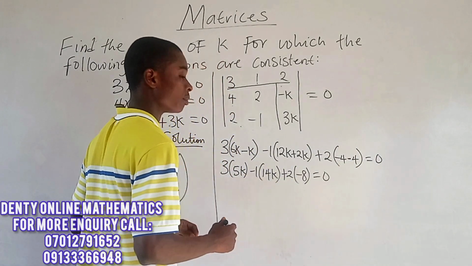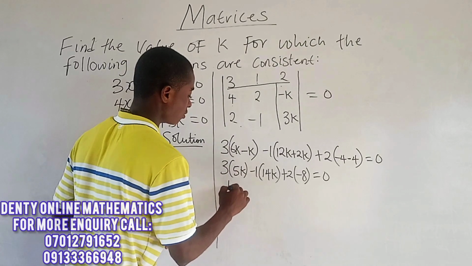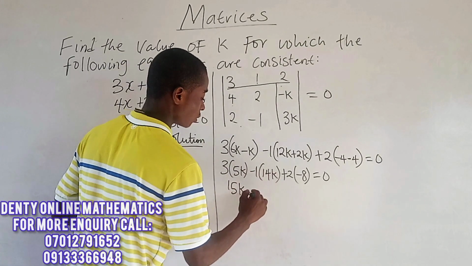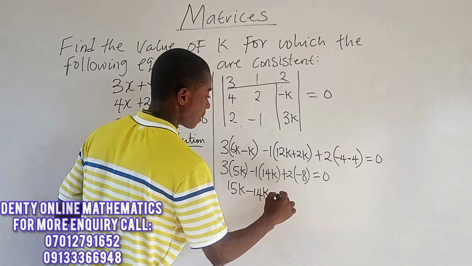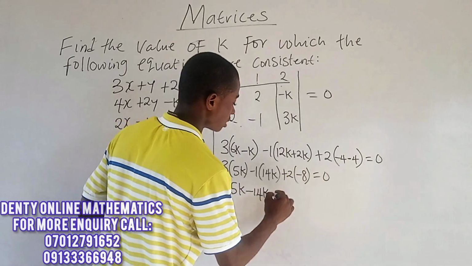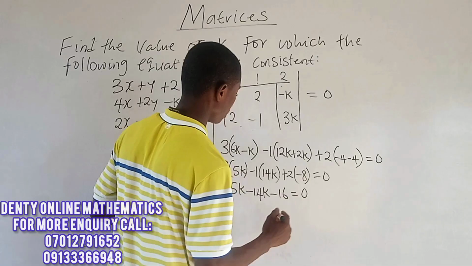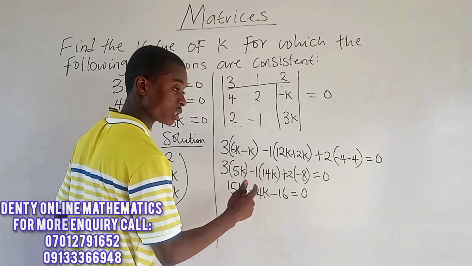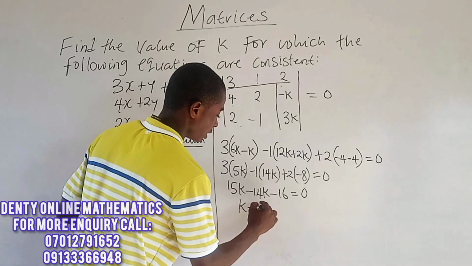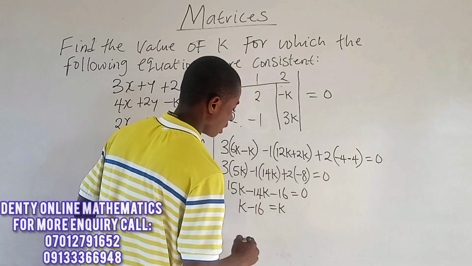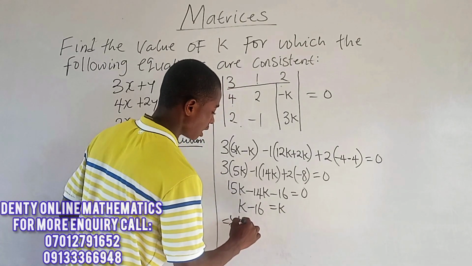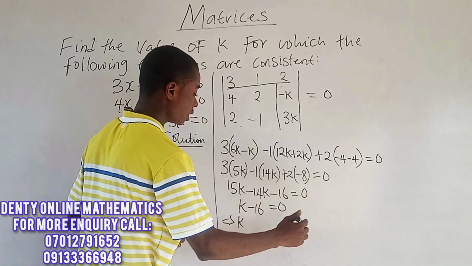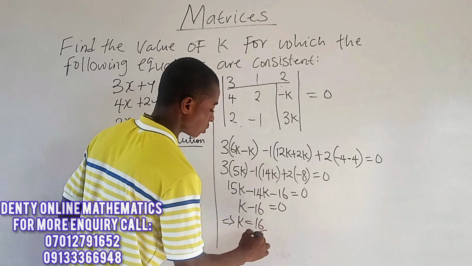Now I can expand fully: 3 times 5k gives 15k, minus minus 1 times 14k gives minus 14k, and 2 times minus 8 is minus 16, equal to 0. Now 15k minus 14k is k, because 15 minus 14 is 1. So k minus 16 equals 0. If minus 16 crosses the equality sign, k will be equal to 16.